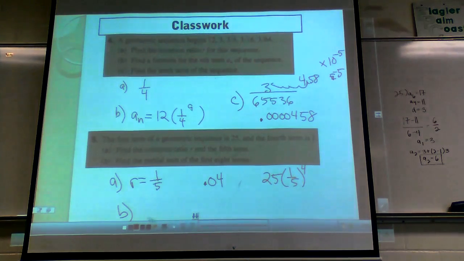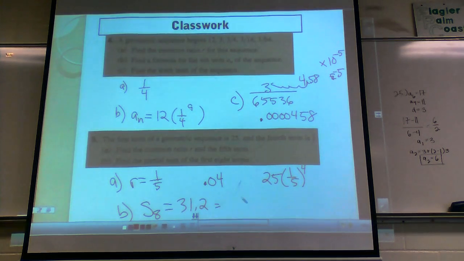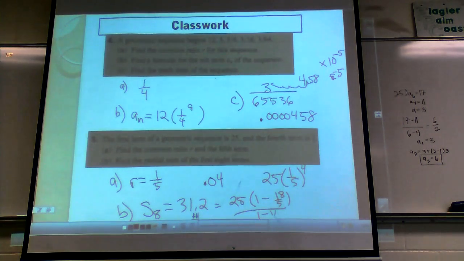And then part B, the sum of the first 8 is 31.2. Can you explain that? 25 times 1 minus 1/5 to the 8, over 1 minus 1/5.